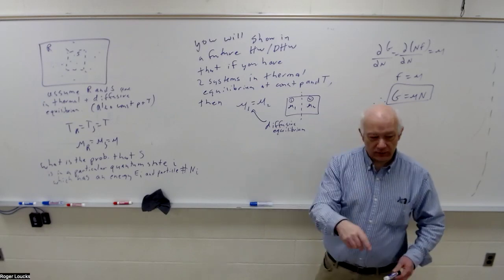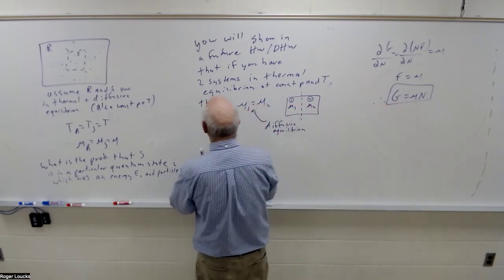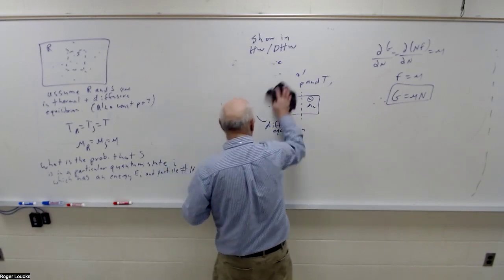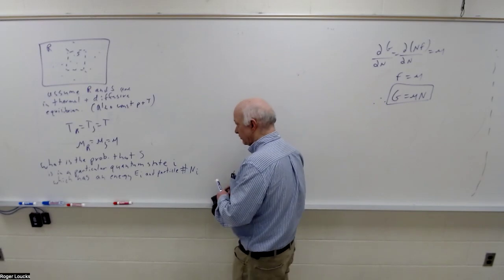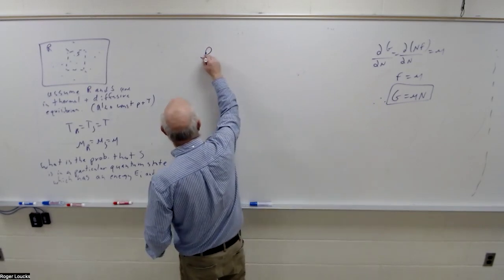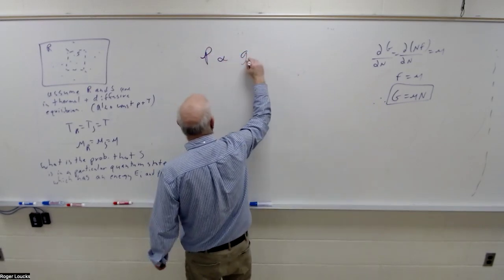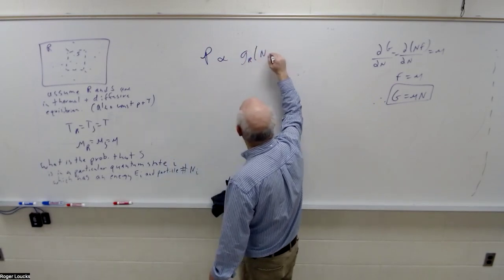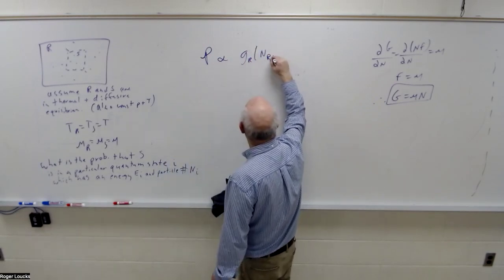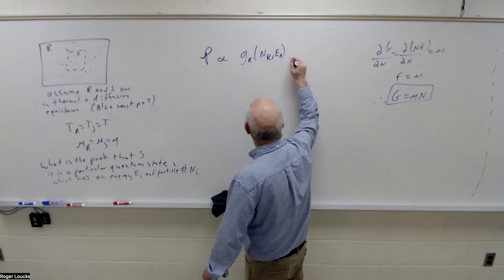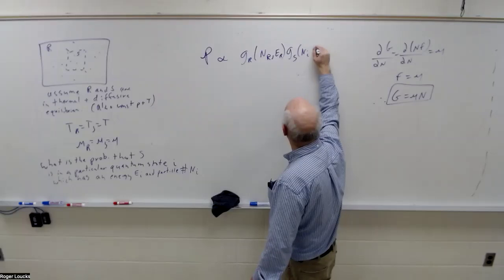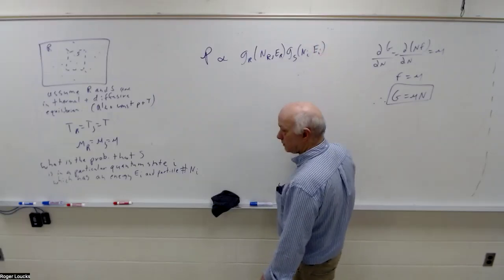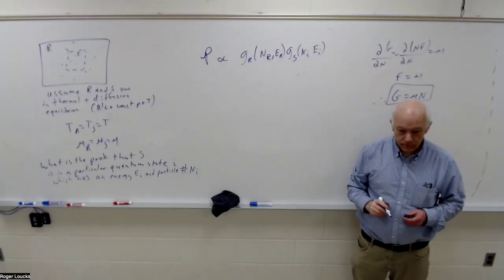I think you're pros at how to do this. What is that going to be proportional to? The multiplicity of that system. Exactly. So the whole probability has to be proportional to G of R at some NR and ER, and then some S and some NI and EI.